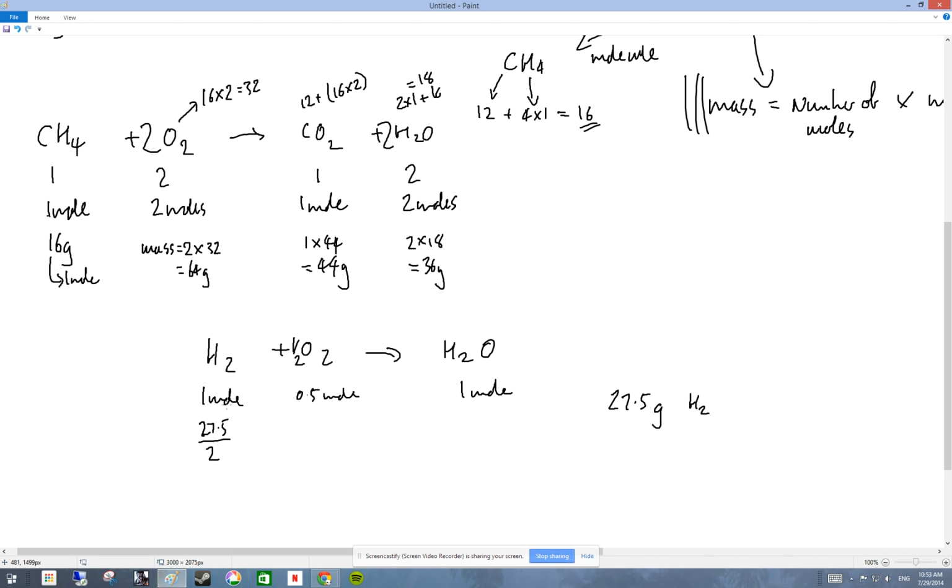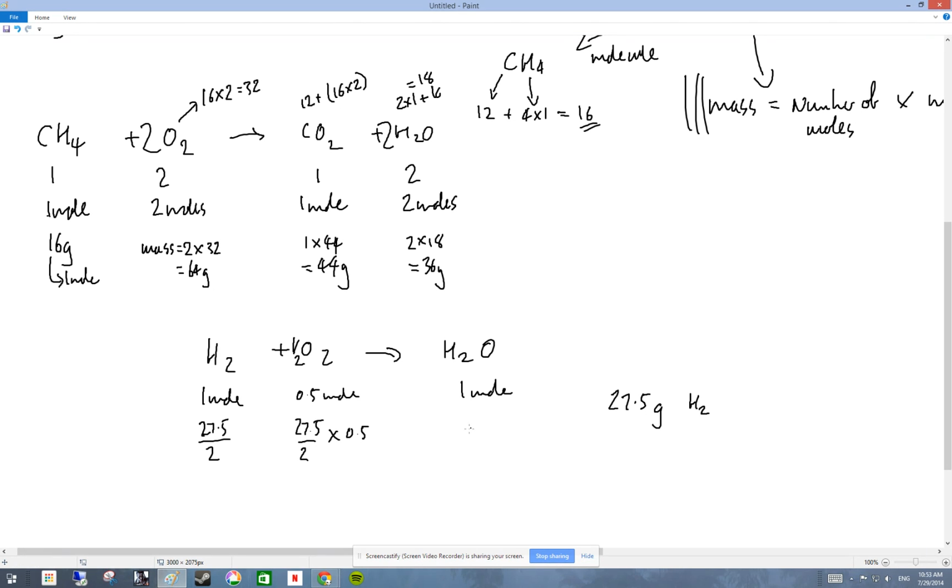This equation is telling me if I have 1 mole of hydrogen, I'll need half a mole of oxygen. I've actually got this many moles of hydrogen, but the reaction ratio is the same, so I'm going to need half the amount of oxygen. So the amount of hydrogen I've got is 27.5 over 2, and I've got to multiply that by half. Okay, so I'm going to have half that amount of oxygen.